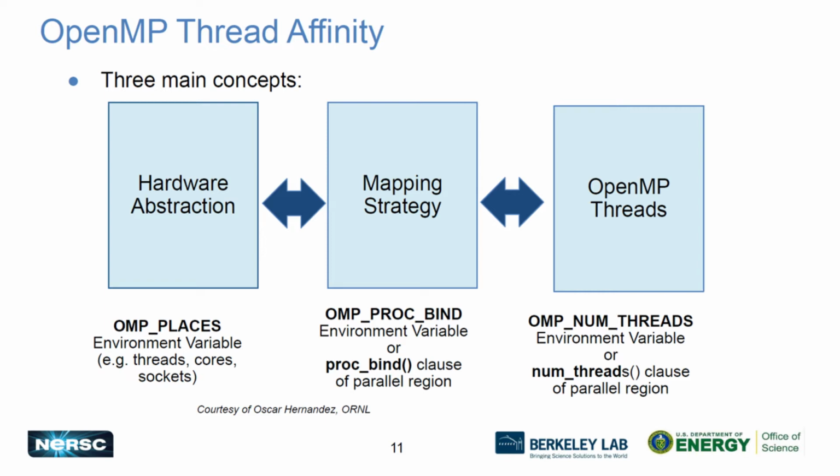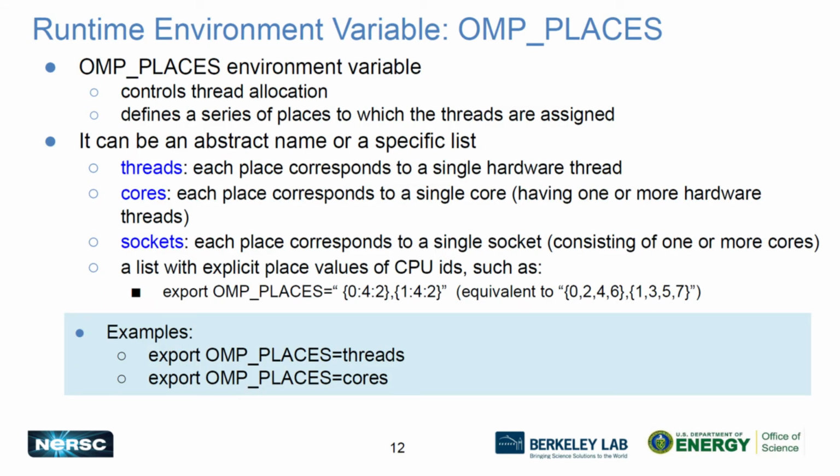I'm going to show a little more detail in the next few slides. OMP_PLACES can be an abstract name or a specific list. It can be threads, cores, or sockets. Usually you would set export OMP_PLACES equals threads or cores, and each unit of the hardware is where you can place OpenMP threads.